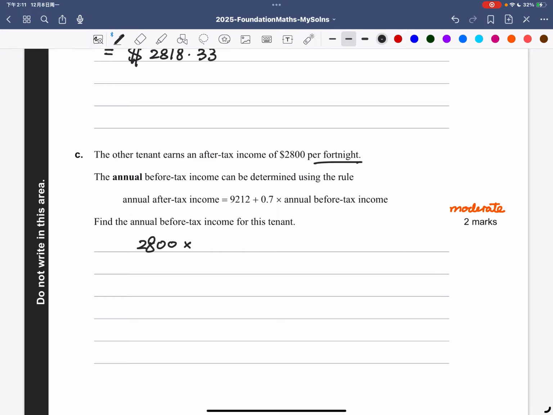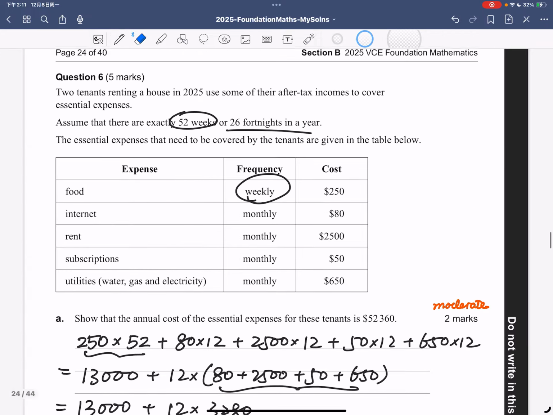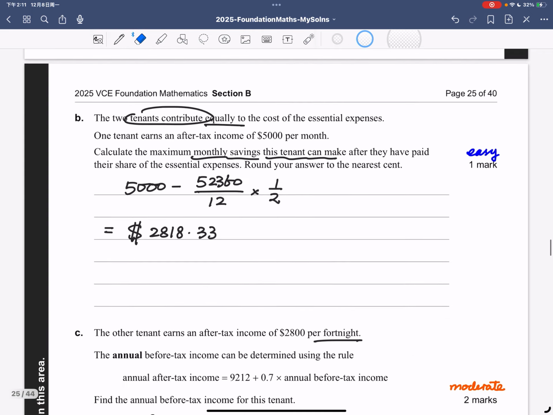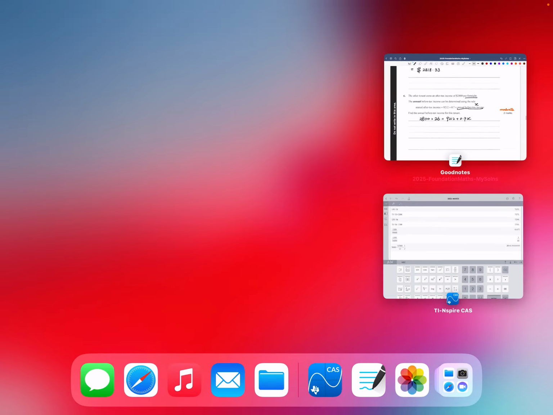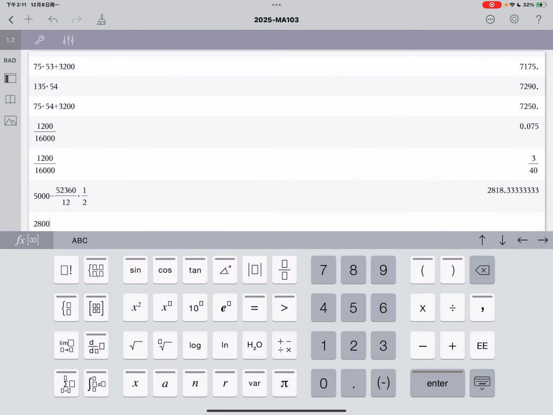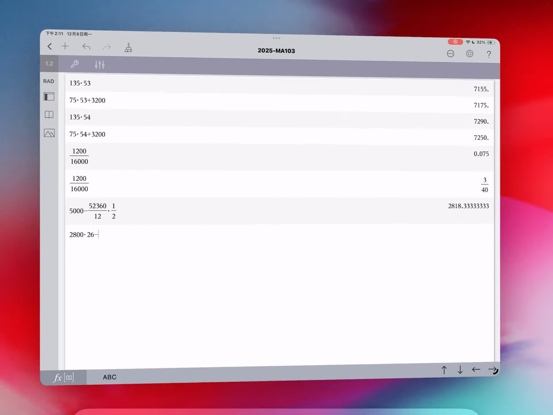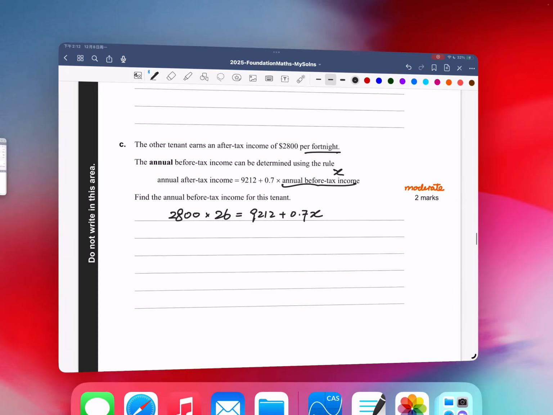Times 26. Let's put this as x, 0.7x, okay? And then we can do 2800 multiplied by 26 minus 9212.